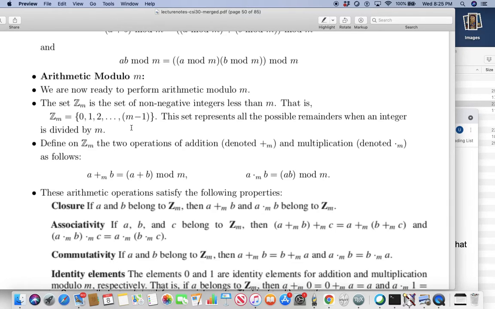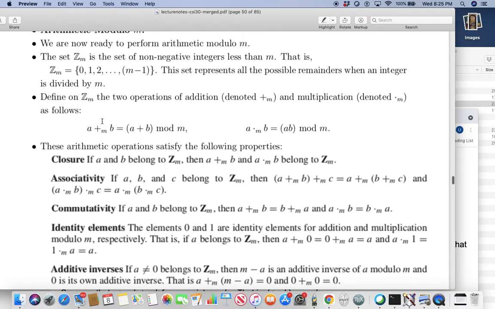This set represents all possible remainders when an integer is divided by m. You can define a plus sub m and a times sub m, so an addition and a multiplication in Zm, defined like so. A plus mb is a plus b modulo m. A times mb is ab modulo m.